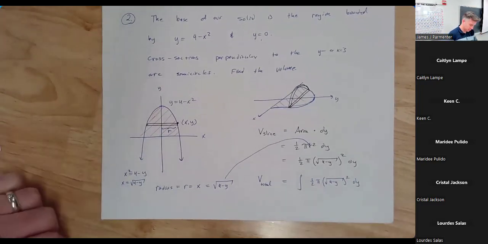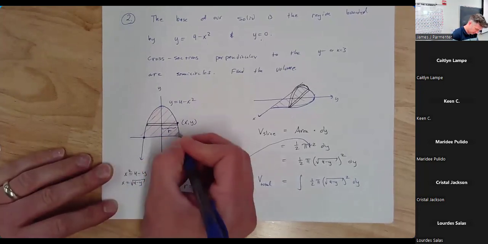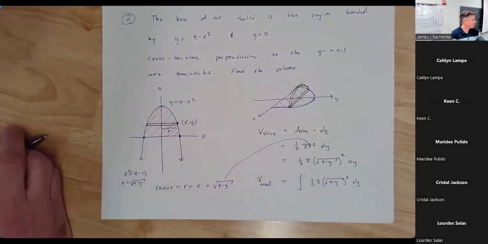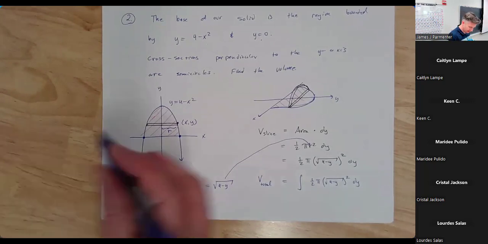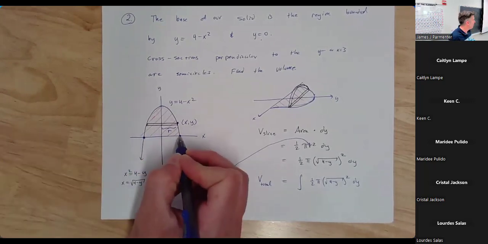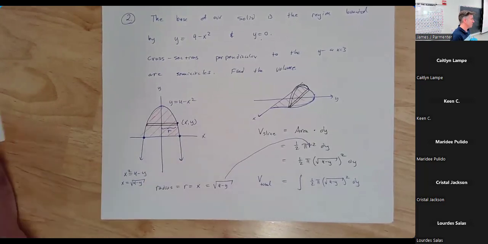I know I didn't write them down. You can find them. The points I just plotted there might feel like they're helpful, but they're really not. I know I just did this and this. That's not helpful at all. Your limits of integration are definitely not -2 to 2.